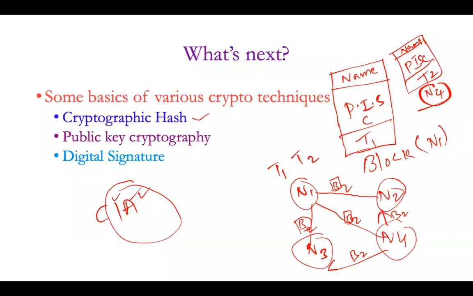These functions are achievable by a cryptographic technique we call the hash function. We are going to talk about this hash function in detail: how it works, and what the different standards of hash functions are that we discuss.